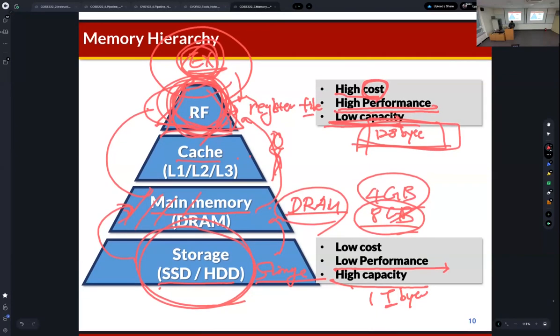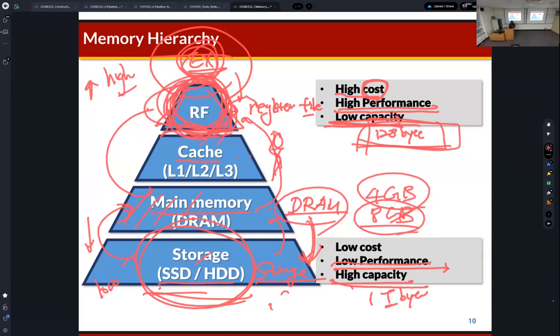So in the memory hierarchy, we can find that this is the low level, and this is the high level. In the low level memory, the capacity is very high, but it's very, very slow, which means we can find our data in the low level memory.